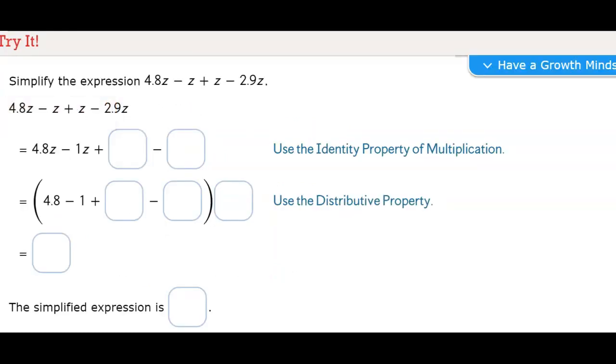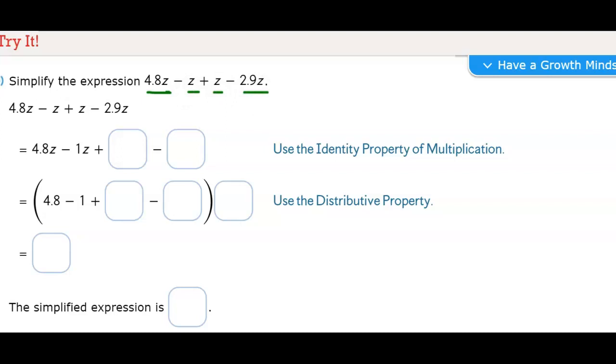Simplify the expression 4 8/10 times z minus z plus z minus 2 9/10 times z. Now let's look at the expression and combine those like terms. For all of the terms in this problem, they are actually all alike because they have that variable z.